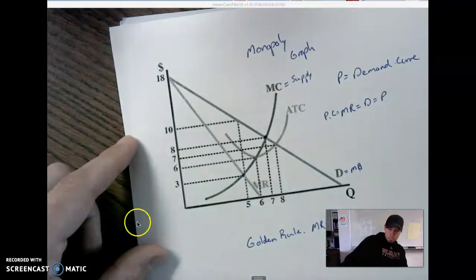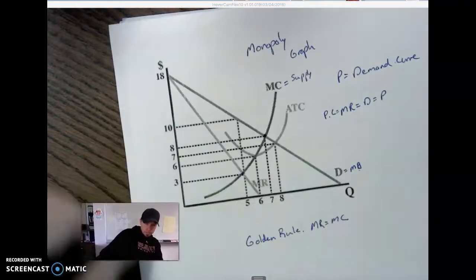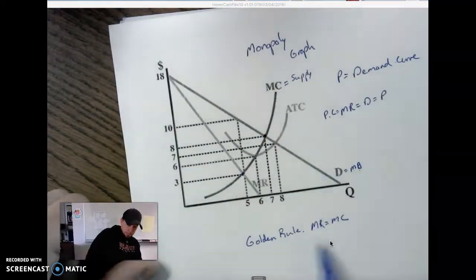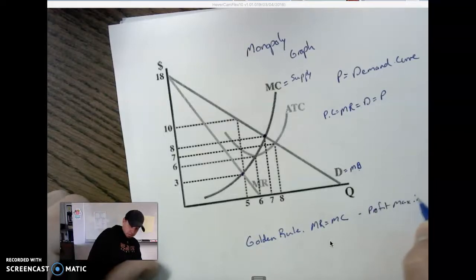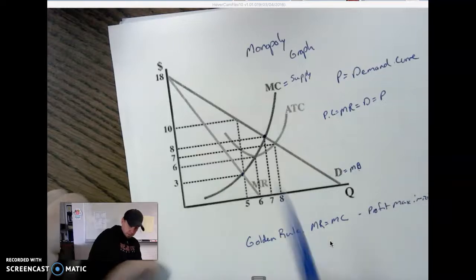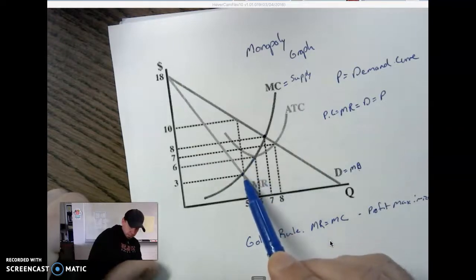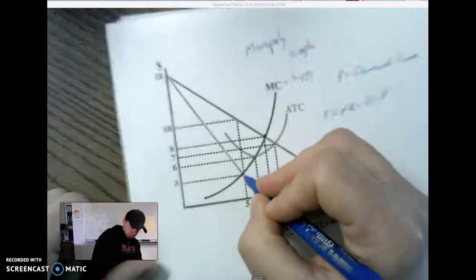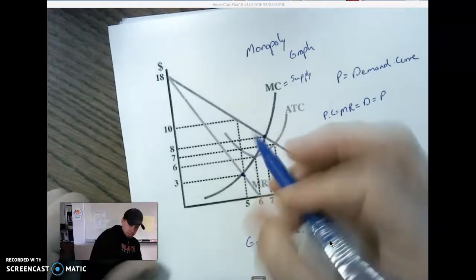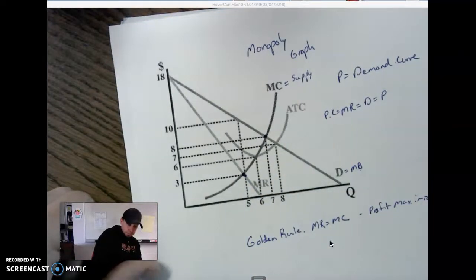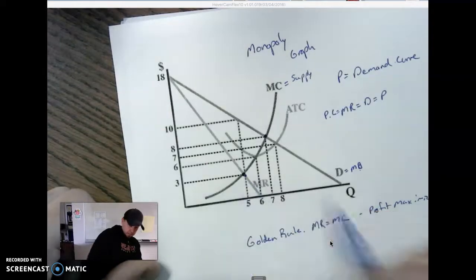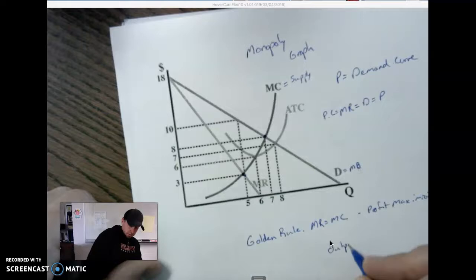So where marginal revenue equals marginal cost, this is the profit maximizing output. Marginal revenue intersects marginal cost right down here at this point. That's at an output of 5. So for this firm, they're going to maximize their profits at an output of 5.